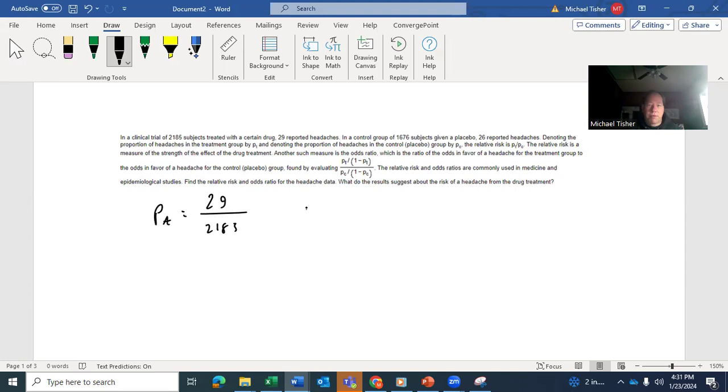Now let's do the same thing for P sub C. Here we want the probability of getting a headache, so we have 26 over 1676. And the relative risk is PT over PC.